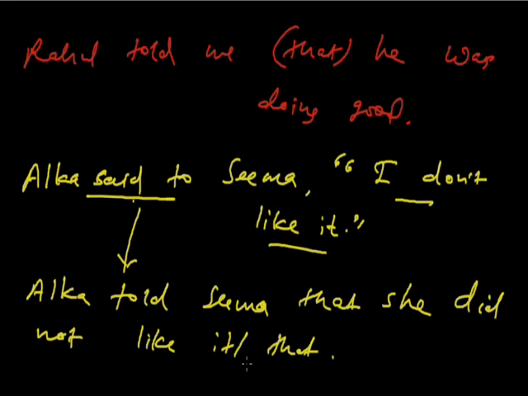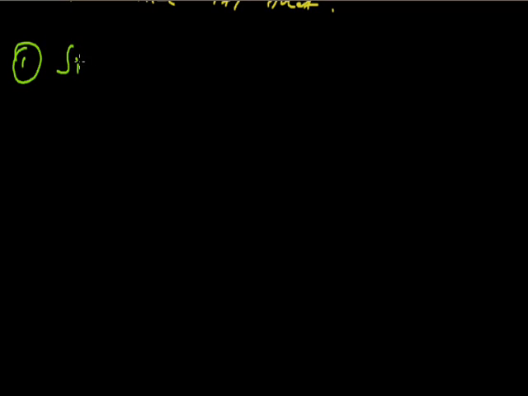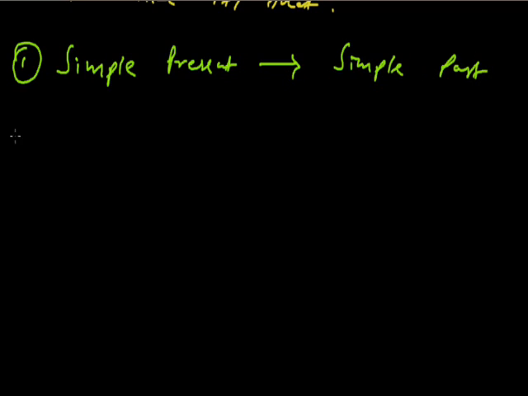This is pretty easy. Well, guys, before I proceed, I just want to make a list of which tense is changed into what. Clear? So let me do it very fast, and it will be highly helpful to you. So, simple present tense is changed into simple past.